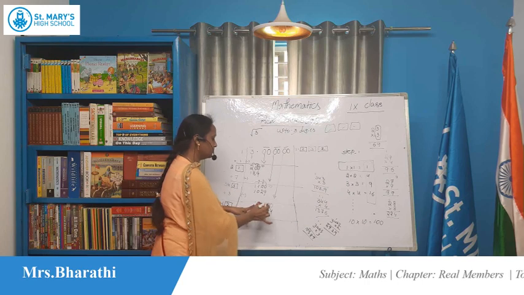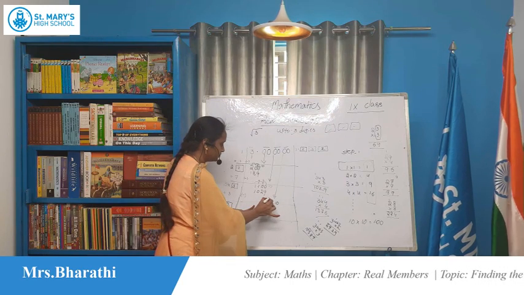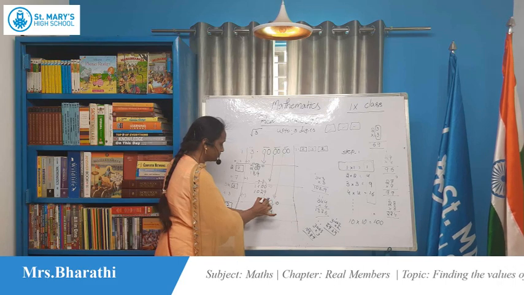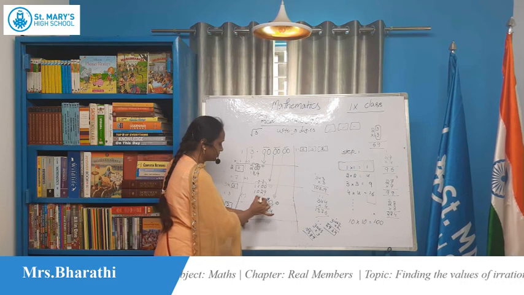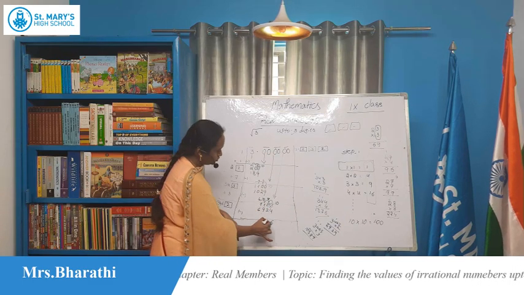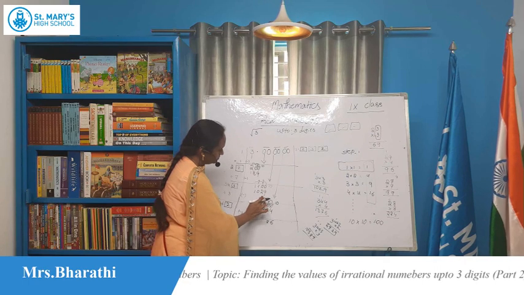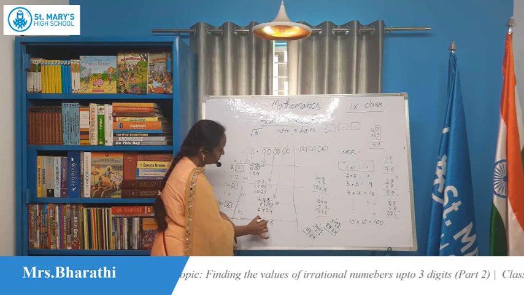Now as usual, borrowing. 10 minus 4, 6. 9 minus 2, 7. Next here 9 we will get, 9 minus 9, 0. So 76 here is the remainder.